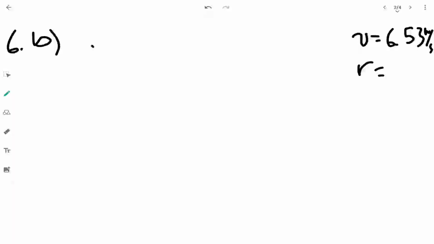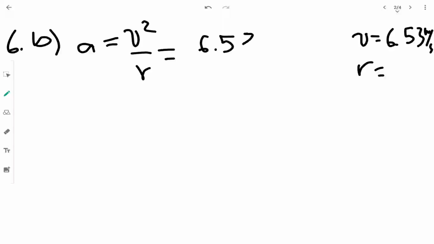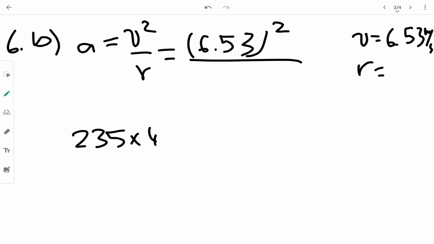So the formula is a equals v squared over r, v being 6.53, and we need to find r. So the length of a quarter of the circumference of a circle is 235. 235 multiplied by 4, that is 940, which is the circumference of the circle.